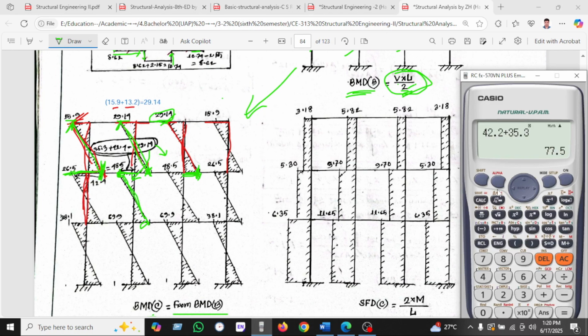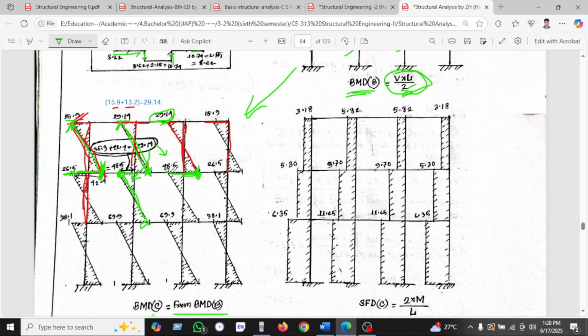So now we will deduct 29.14, and the value will be 48.36. This means 48.5. That's why the remaining value will be 48.5. So this also 48.5, and 26.